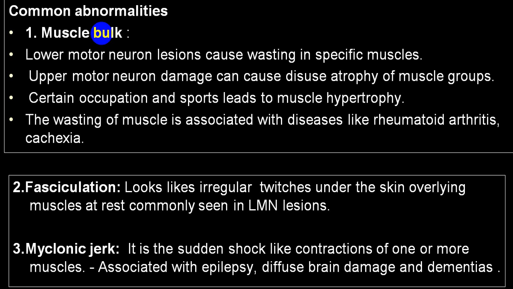In the person who are doing regular exercise, like athletes or sports, their group of muscle will undergo hypertrophy. These muscles are powerful muscles. So that is because of the good use of the muscle, and that has undergone hypertrophy.